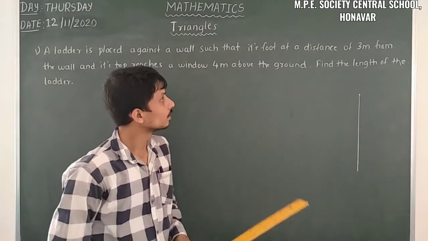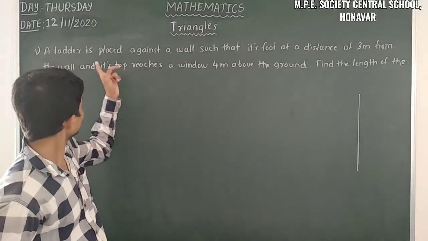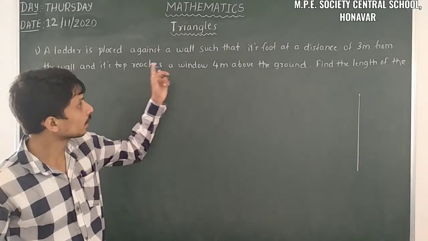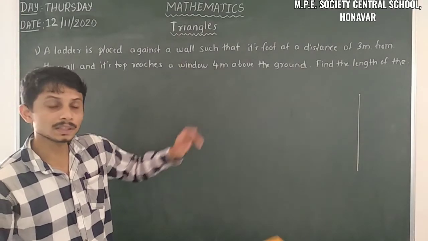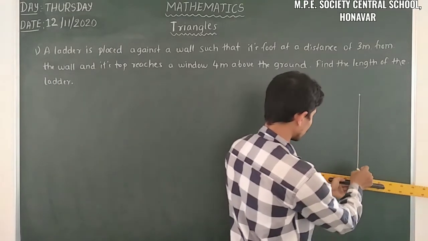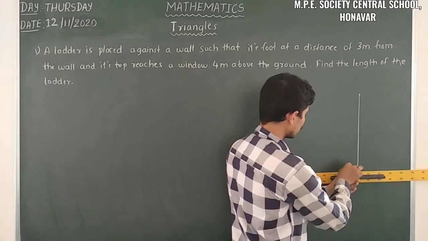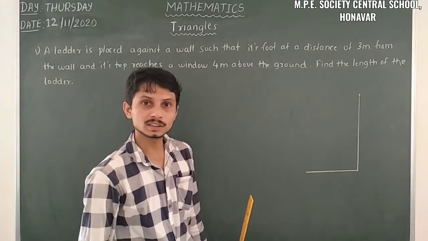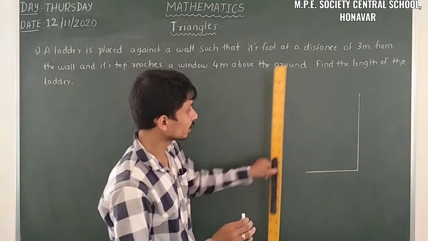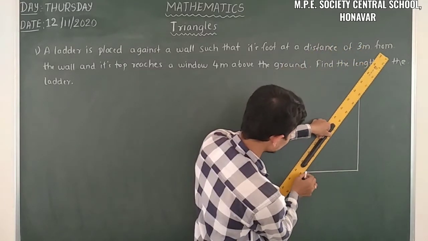Here we have a ladder placed against the wall at a distance of 3 meters, to reach the window. So here it is a ladder.